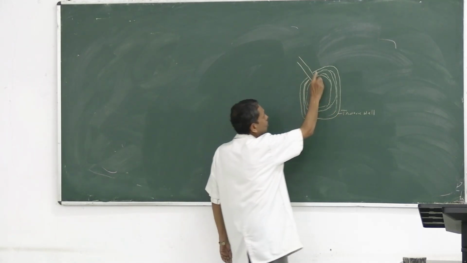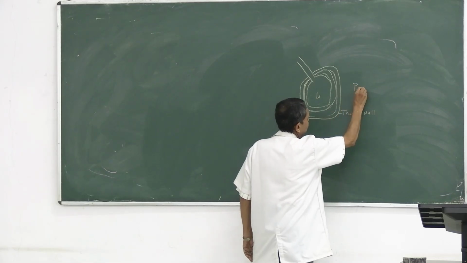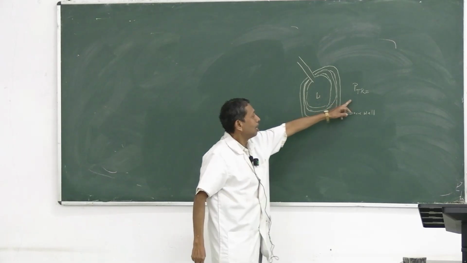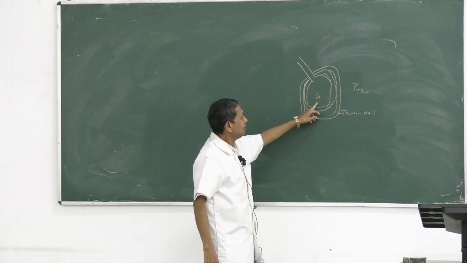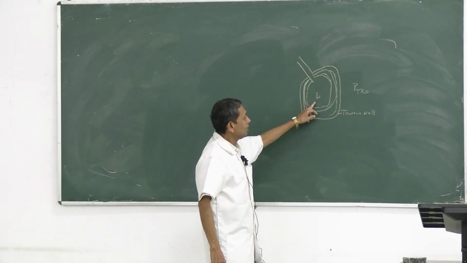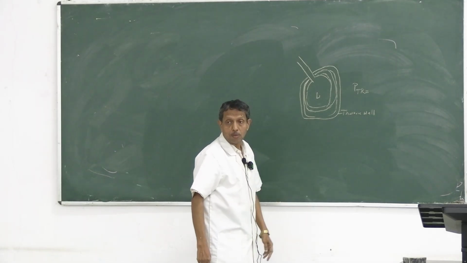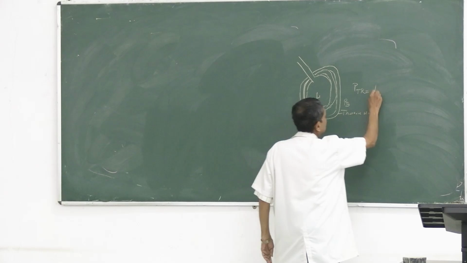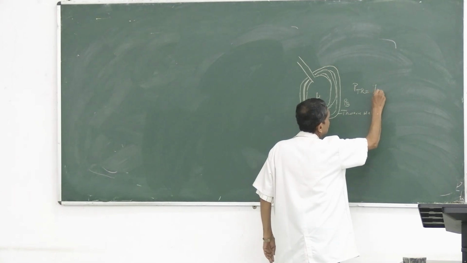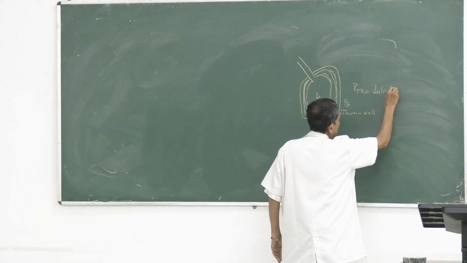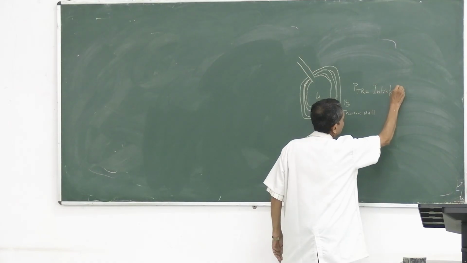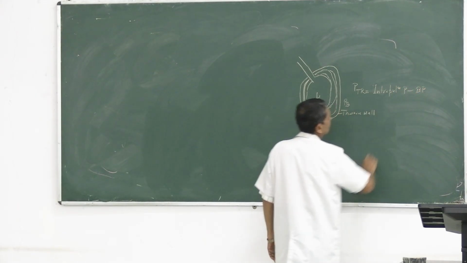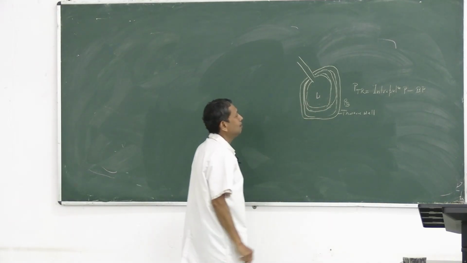So for the total respiratory system, PTR is equal to the intrapulmonary pressure minus the barometric pressure, PB. This is the total respiratory system.